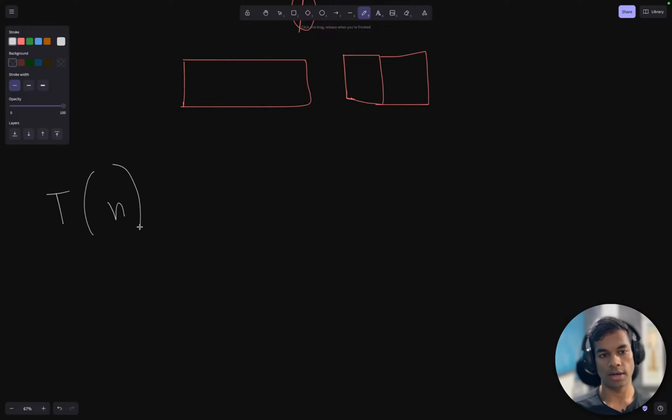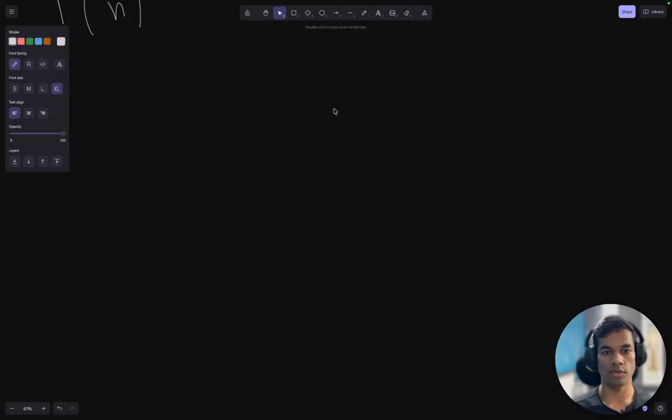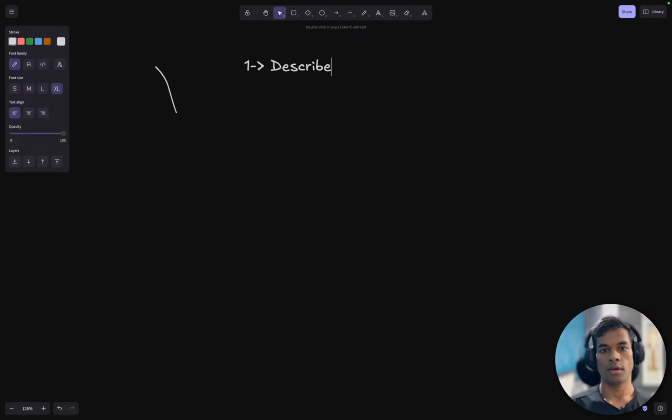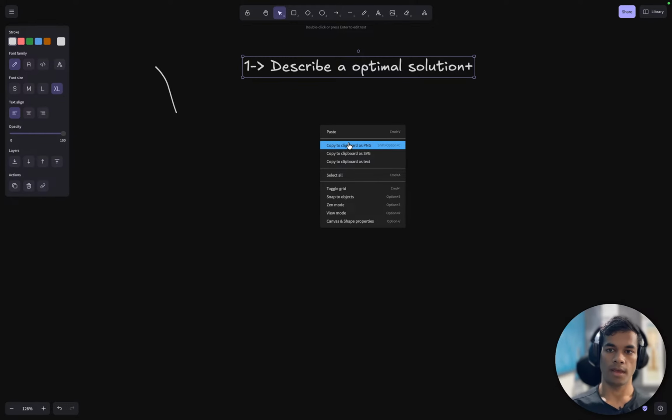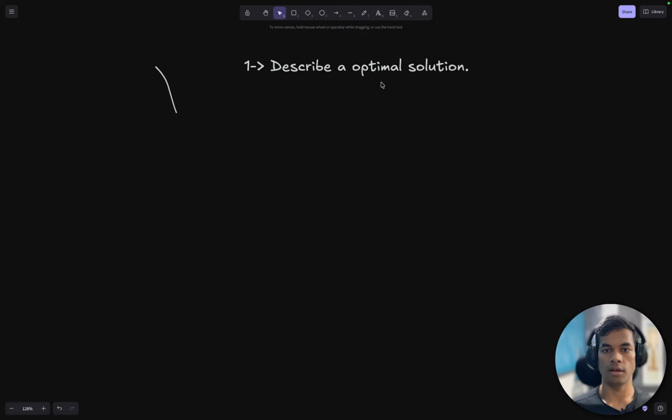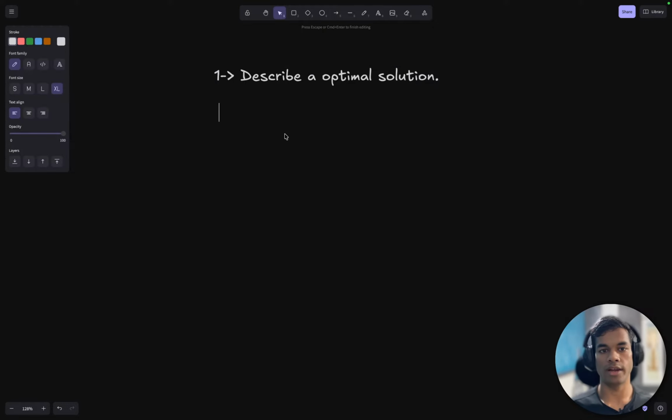Let's go through the 4 steps rigorously, which we learned about in the CLRS book. And those steps are, first of all, describe an optimal solution. And I guess the problem here is that in that book, we learned about how to find the optimal answer, but not how to find the number of answers.